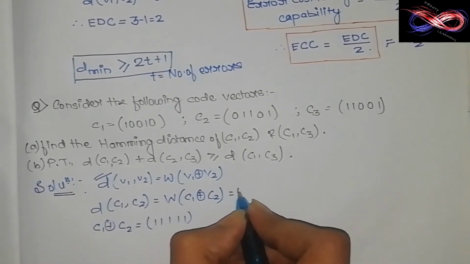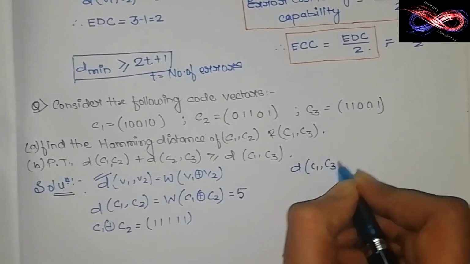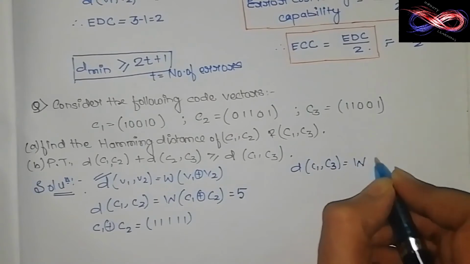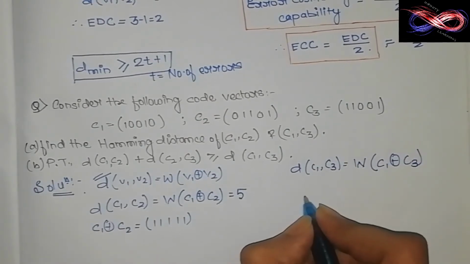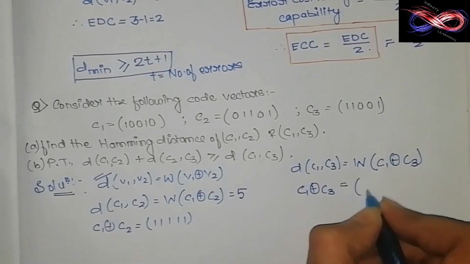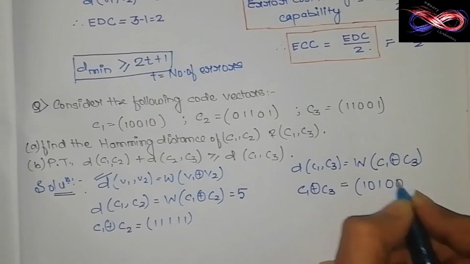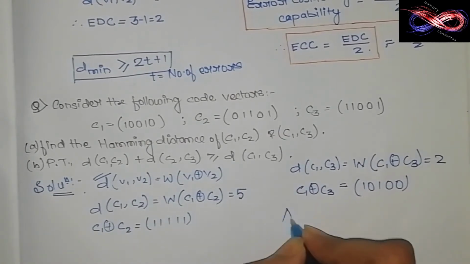So this weight will be 5. Similarly, d of c1 comma c3 will be equal to weight of c1 XOR c3. So c1 XOR c3 will be equal to 1 0 1 0 0. So this will be 2. So we got the first answer of the A part.